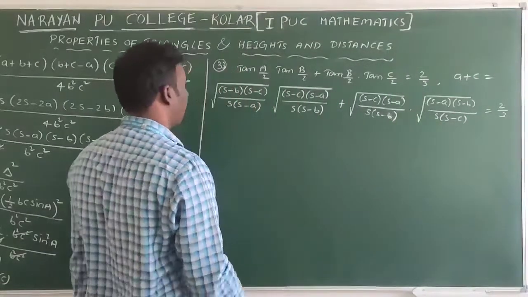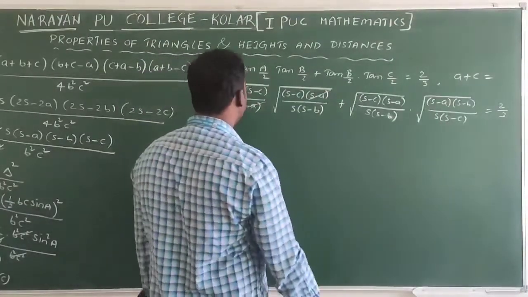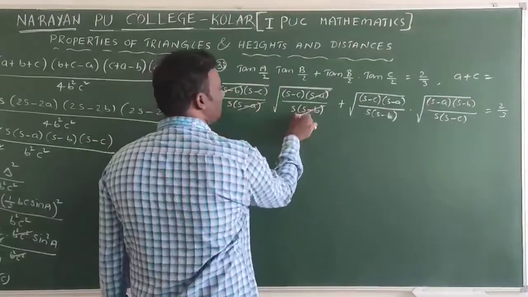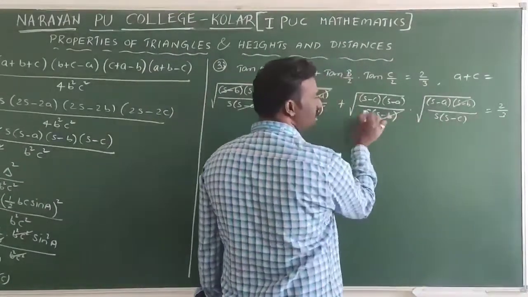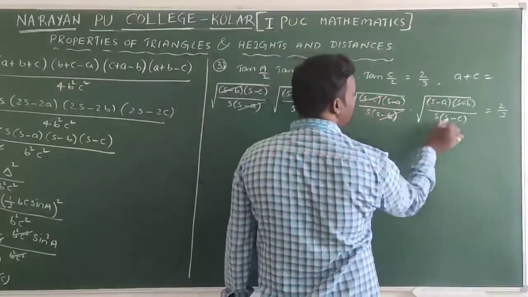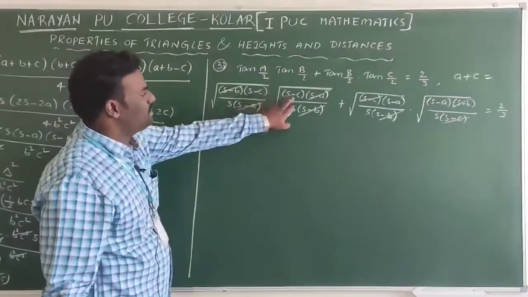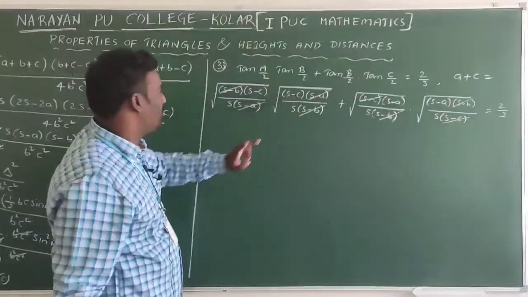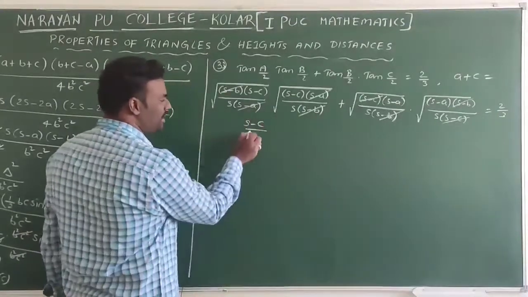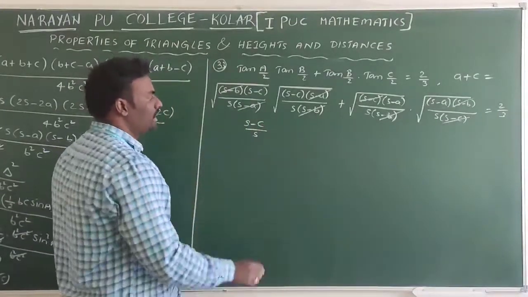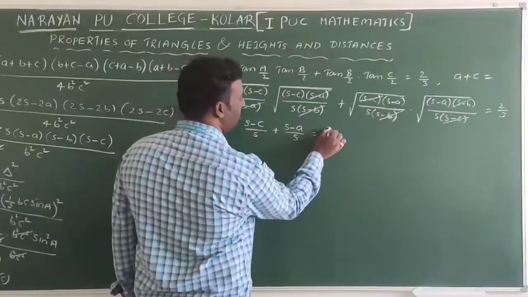See here S minus A cancel, S minus B cancel, here also S minus B cancel, S minus C cancel. Now what is remaining? S minus C whole square and root will cancel S minus C. S into S square and root cancel, S we will get. Here also S minus A by S, that equals 2 by 3.